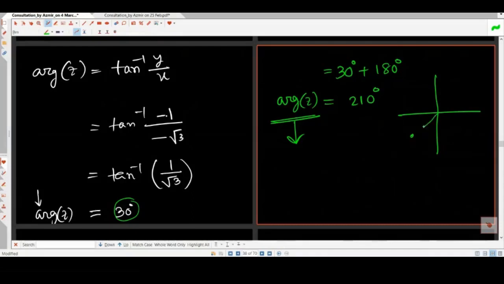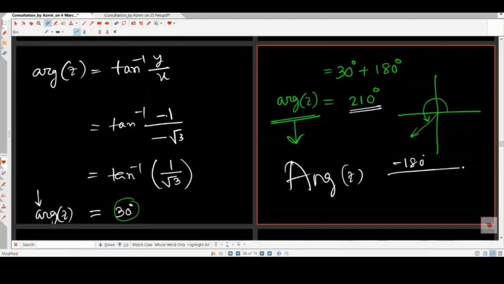This is our point, and this is the angle. So can it be the principal argument? Yes or no? No, sir. Principal argument always lies in between negative 180 degree to positive 180 degree, and it can also be equal to 180 degree.